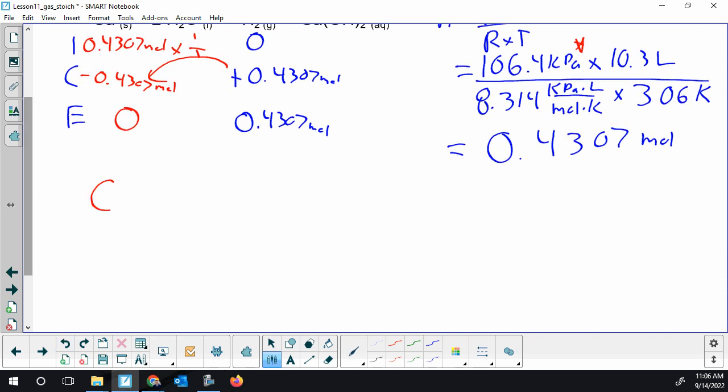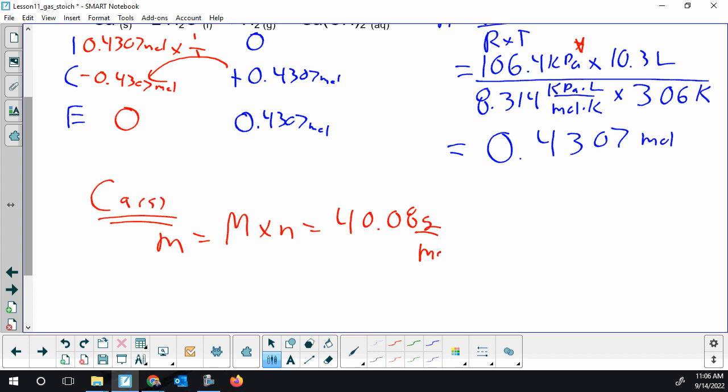And last, our calcium mass, molar mass times moles. Metals come in ones, 40.08 grams per mole. And to 3 sig figs, I got 17.3.